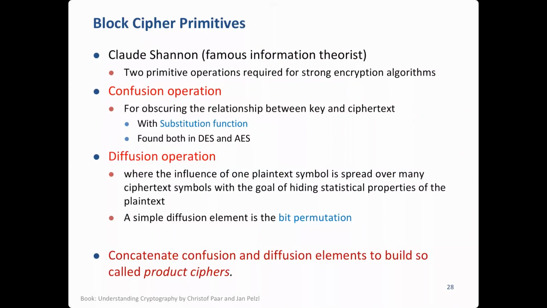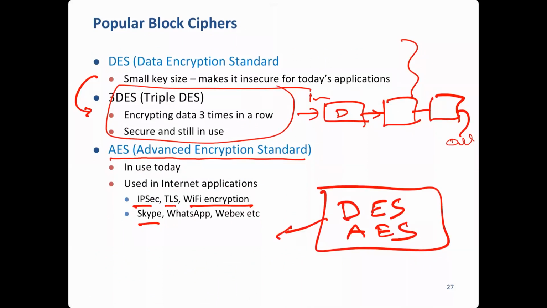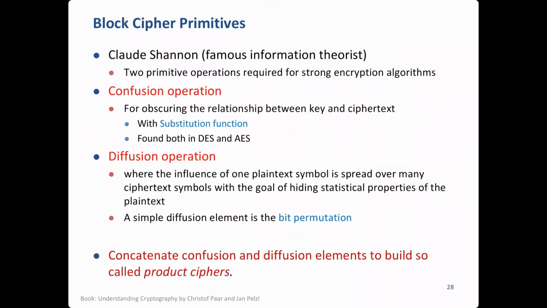Now, before we study block cipher primitives, because both DES and AES are common ciphers, the 2 important ciphers, and in these 2 ciphers we use 2 important functions.